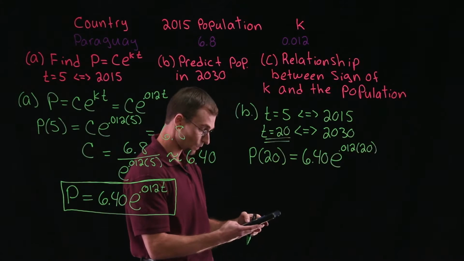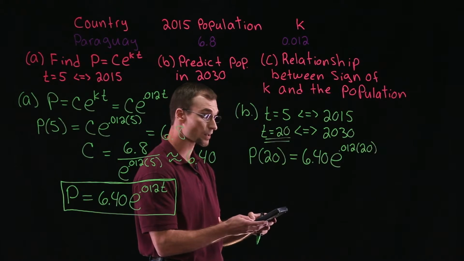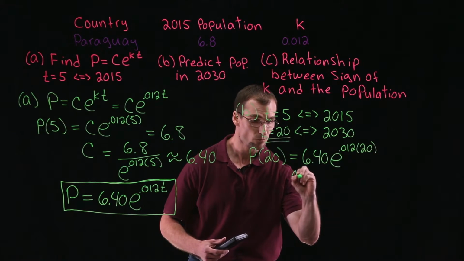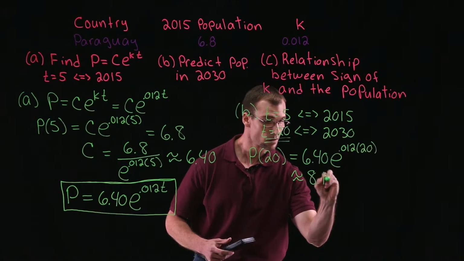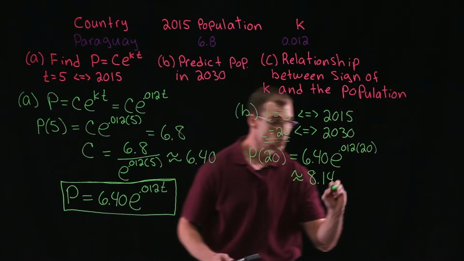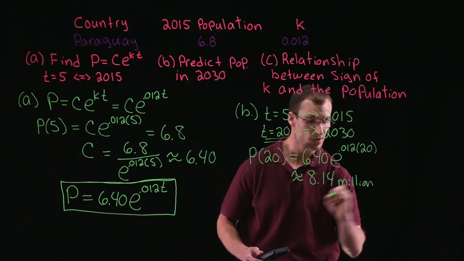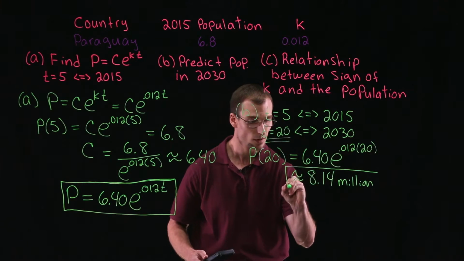And what is that equal to? 6.4 times e raised to the 0.012 times 20 power gives us approximately 8.14. Remember our units here are in millions. So 8.14 million.